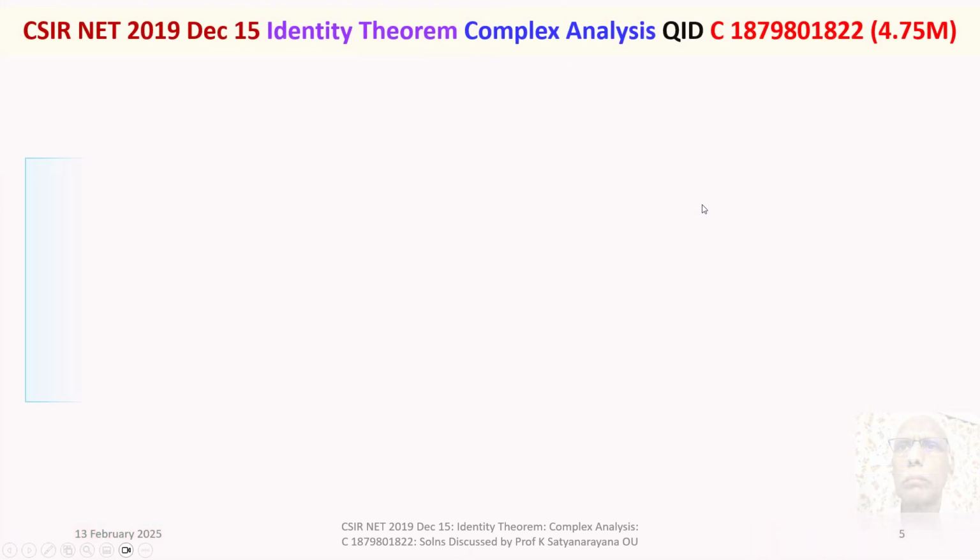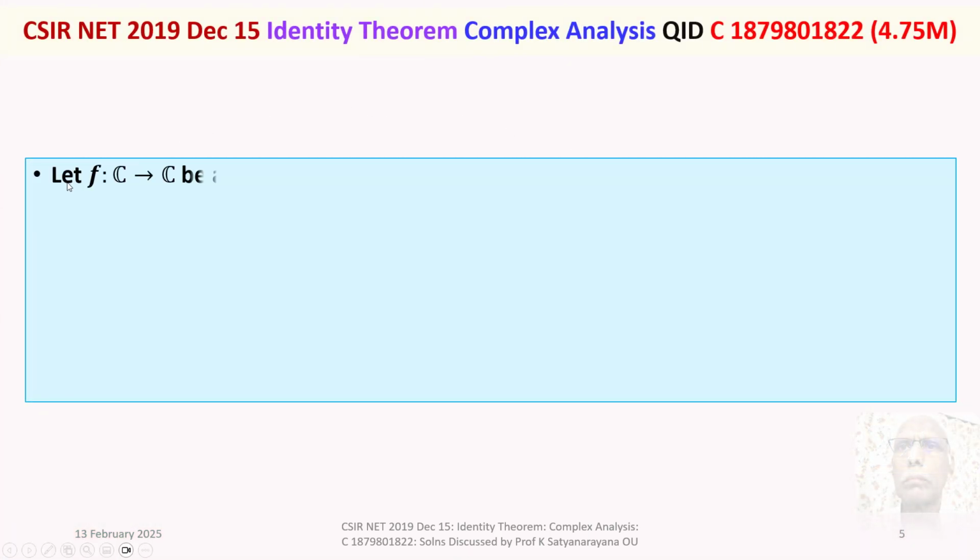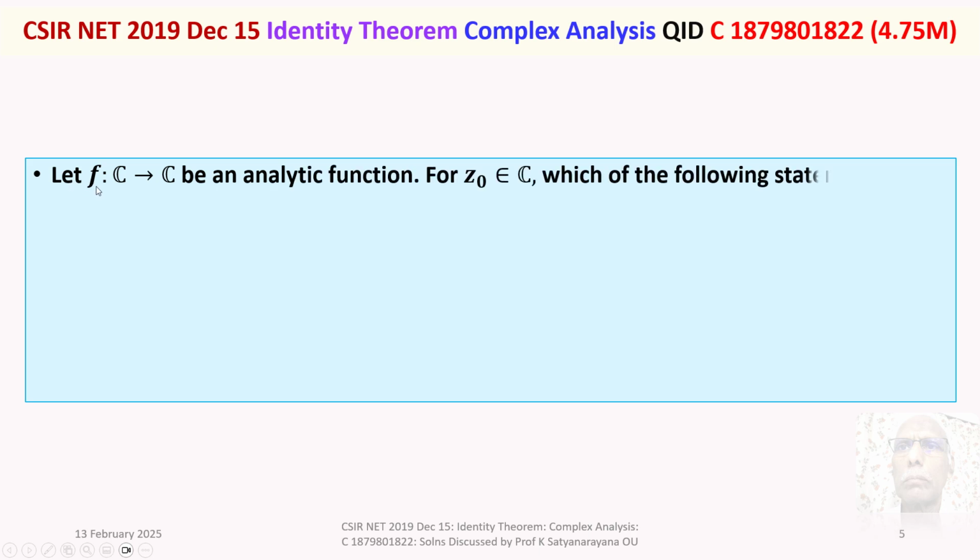Right. The given question is, let f be a map from the complex plane C to itself, and it is an analytic function. Let f from C to C be an analytic function. For z0 belonging to C, which of the following statements are true? We are given four options.